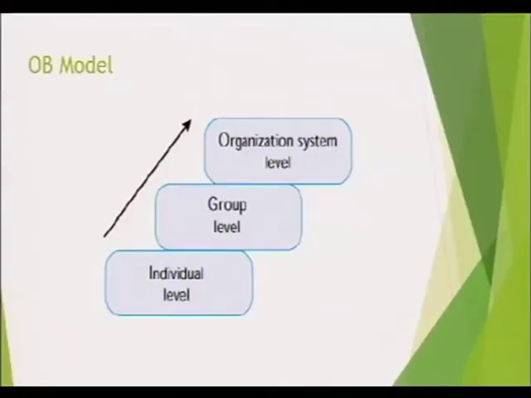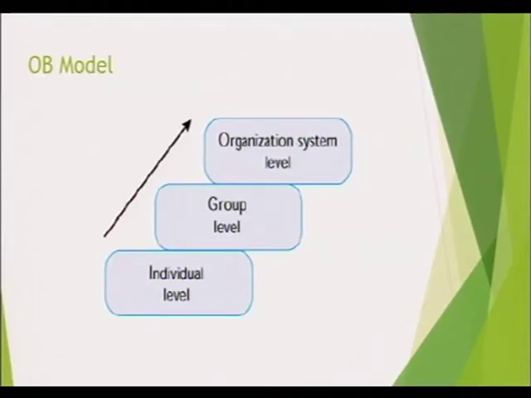The organizational behavior model starts at an individual level. Then it moves to a group. Then it moves to the organization system. So you start small, you grow big as you move up the ladder.